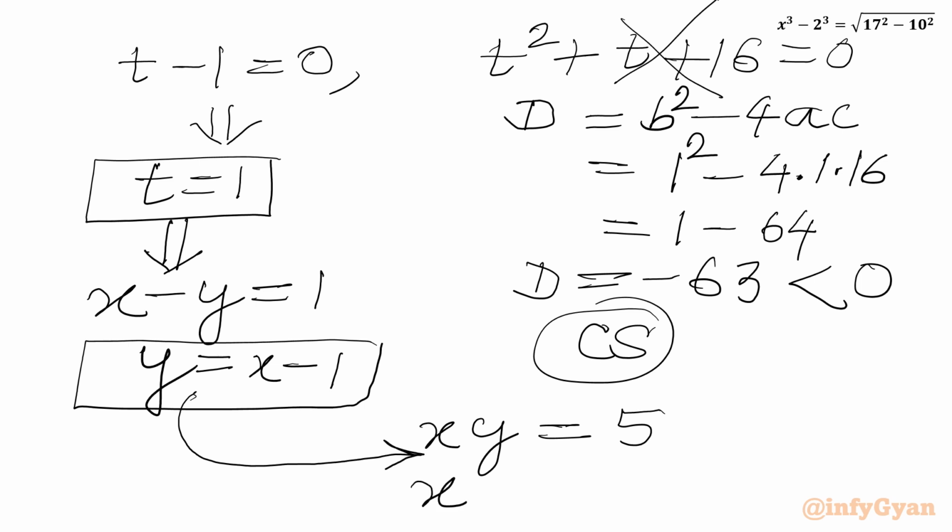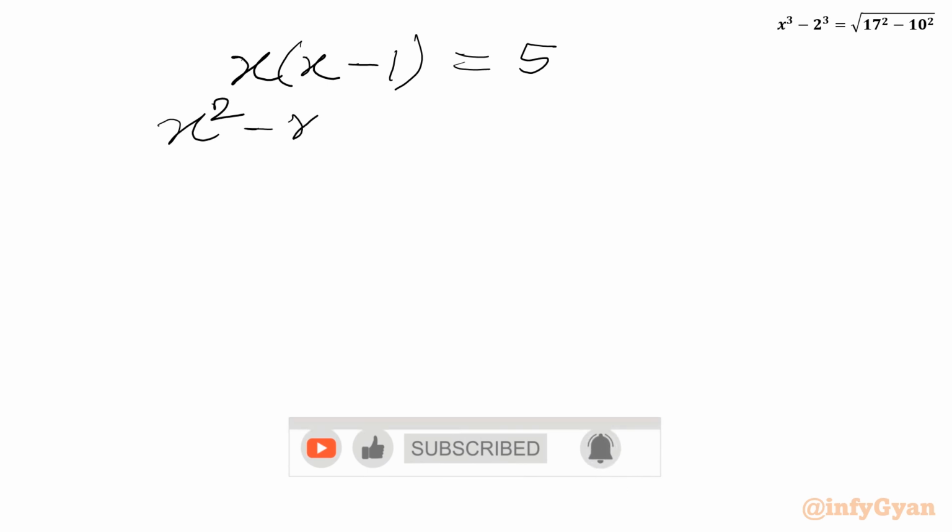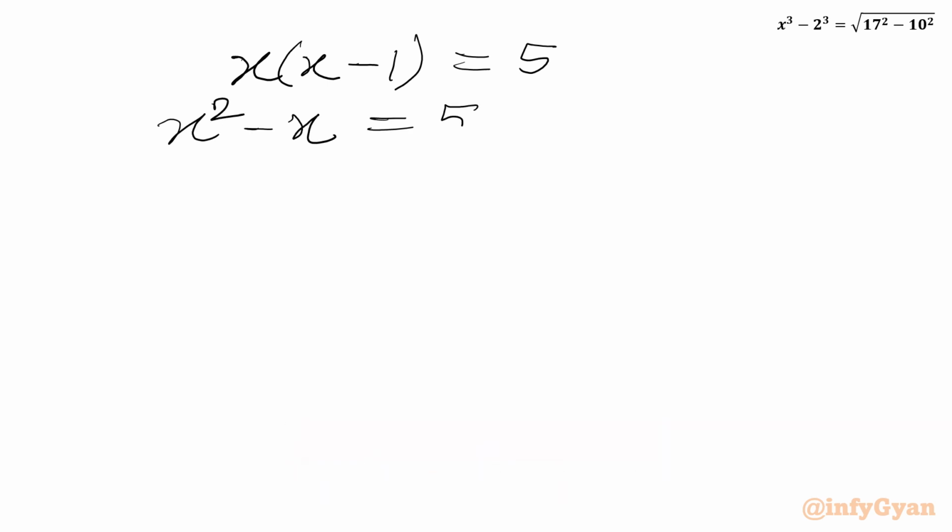So I can write x times x minus 1 equal to 5. Let's solve this quadratic. x times x minus 1 equal to 5. Or we can write x square minus x equal to 5. Or x square minus x minus 5 equal to 0.